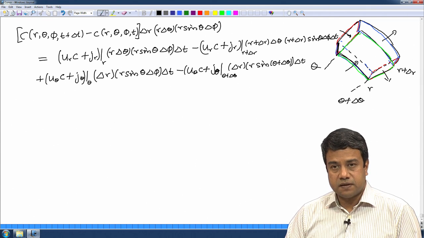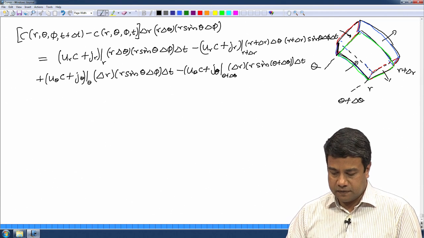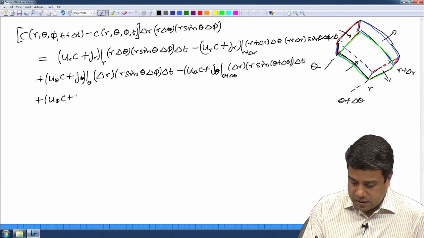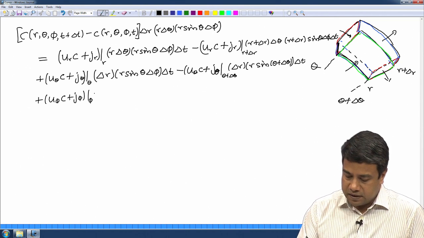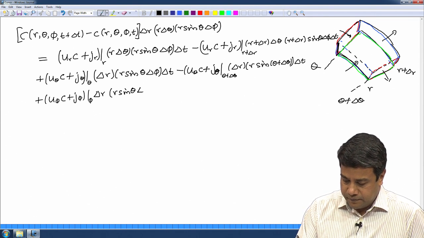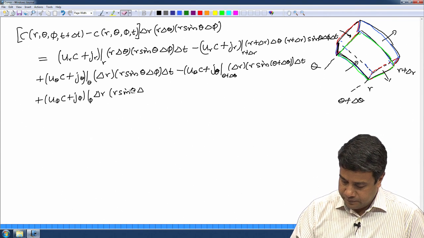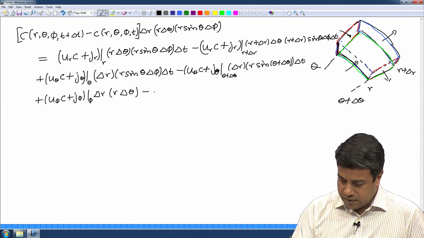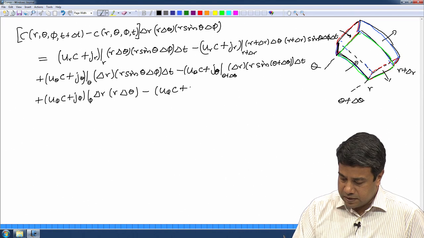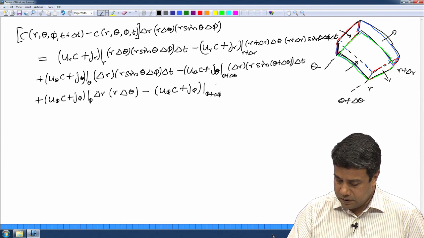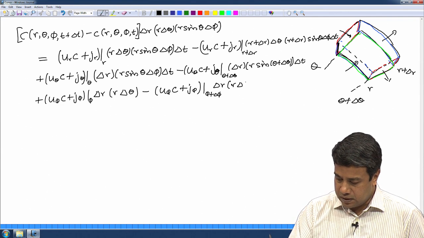And then I have the surfaces, the front and the rear at phi and phi plus delta phi. So, I have to take the flux, which is u phi c plus j phi at phi, multiply by the surface area, the length in the r direction times the length in the theta direction, r delta theta, minus u phi c plus j phi at phi plus delta phi into delta r into r delta theta.